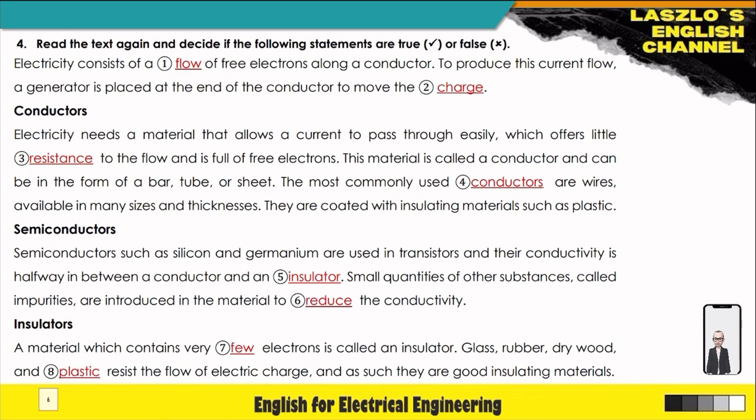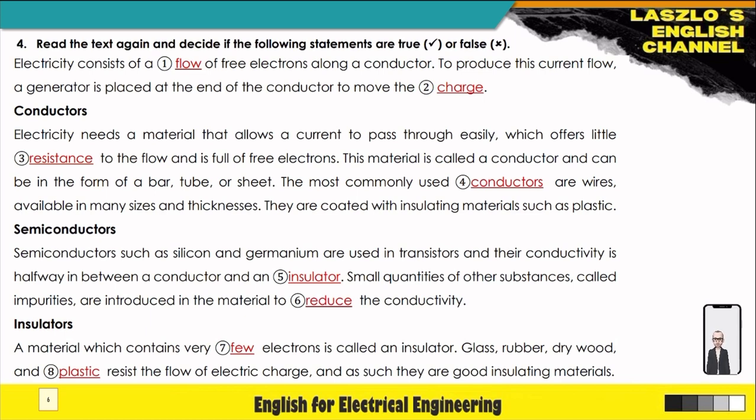Electricity consists of a flow of free electrons along a conductor. To produce this current flow, a generator is placed at the end of the conductor to move the charge. Conductors. Electricity needs a material that allows a current to pass through easily, which offers little resistance to the flow and is full of free electrons.